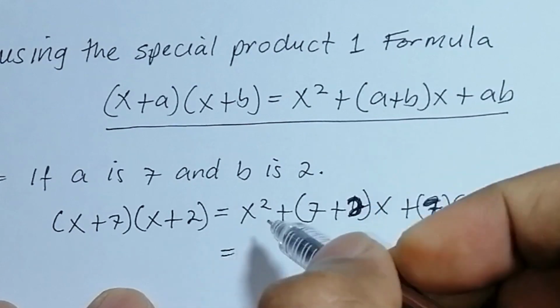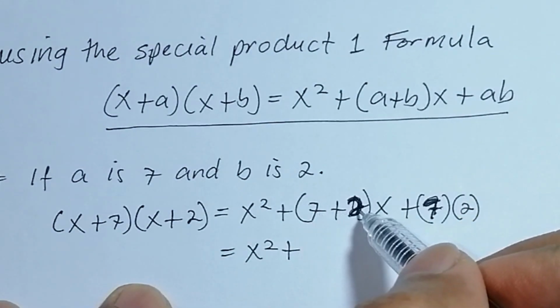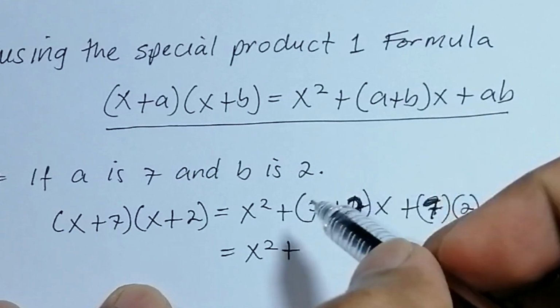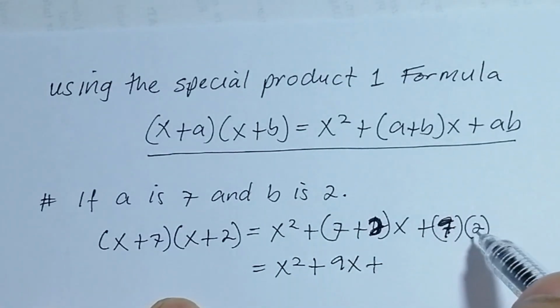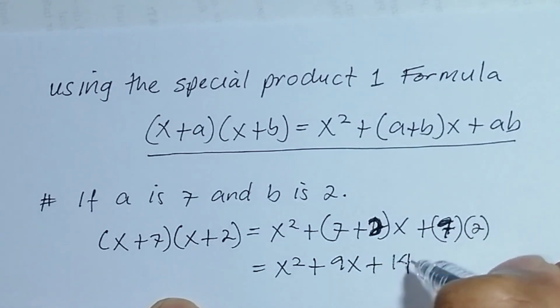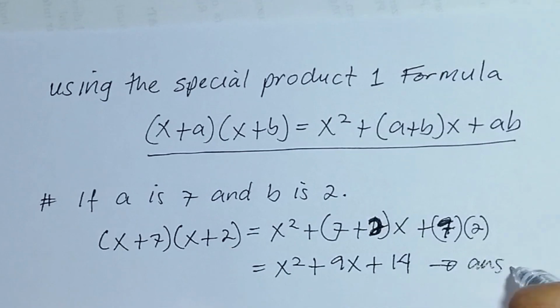By simplifying, x squared plus 7 plus 2, 9, times x, 9x, plus 7 times 2 is 14. Okay, so this is the final answer.